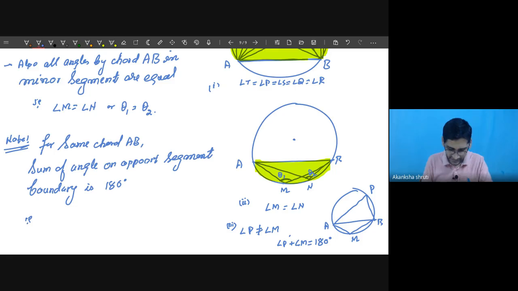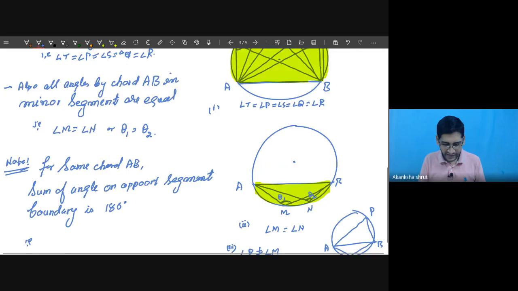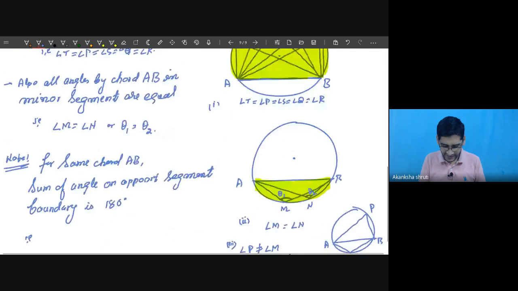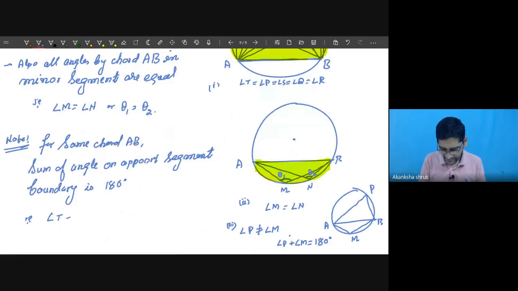That is, you may use angle T plus angle M is 180 degrees, or you can choose any pair.